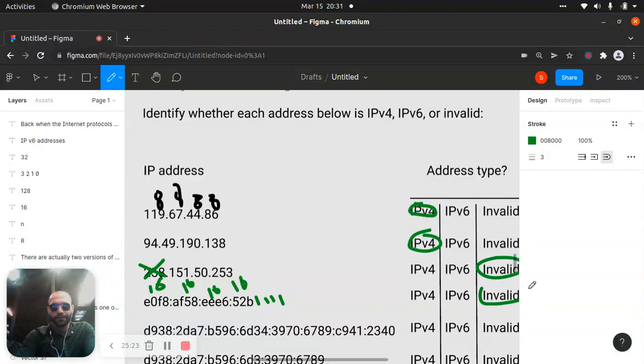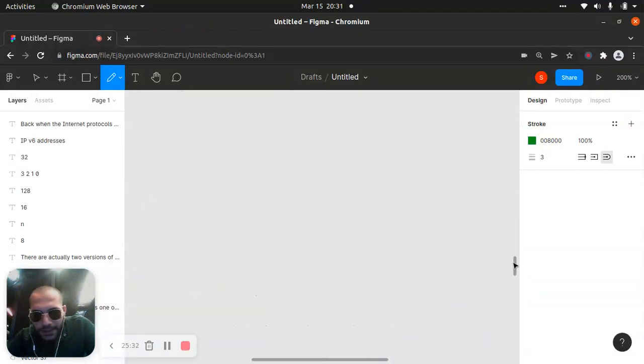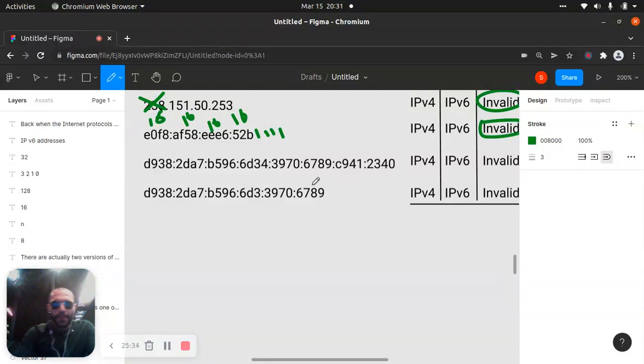Again, look here. So again 16, 16, 16, 16, all the way going to 128 bits. 2 to the power of 128 is our good solution.